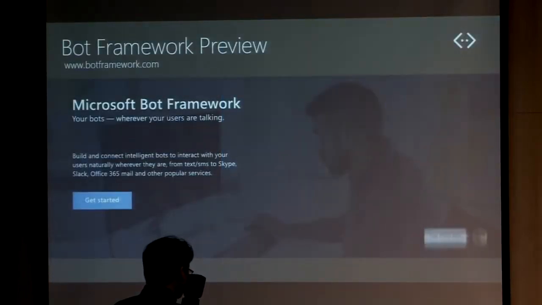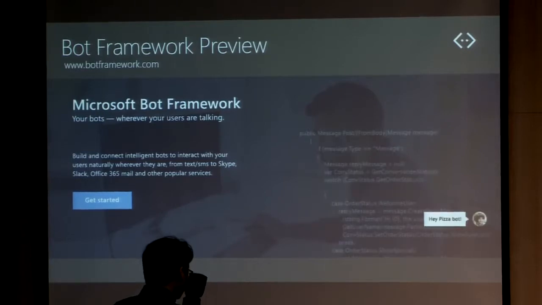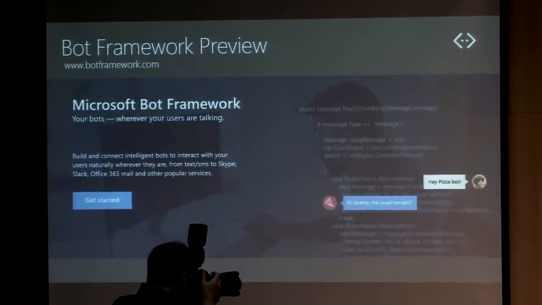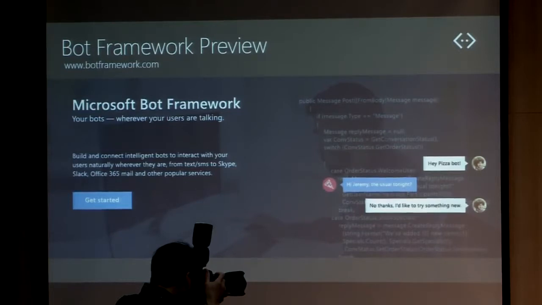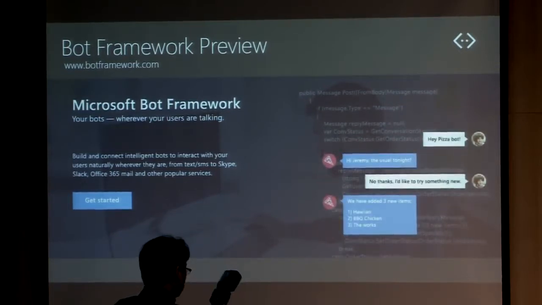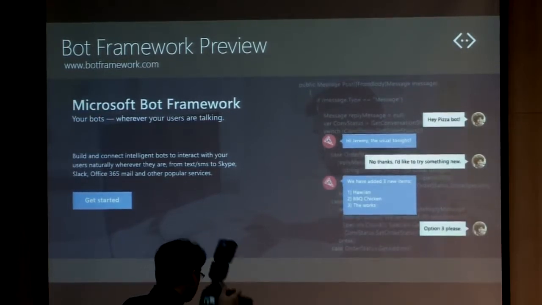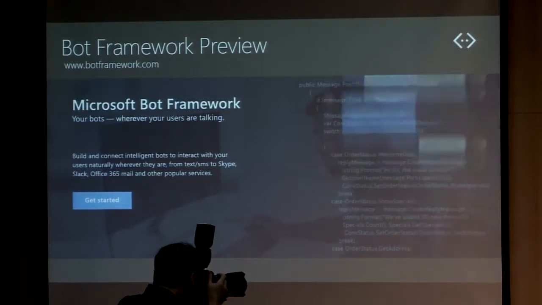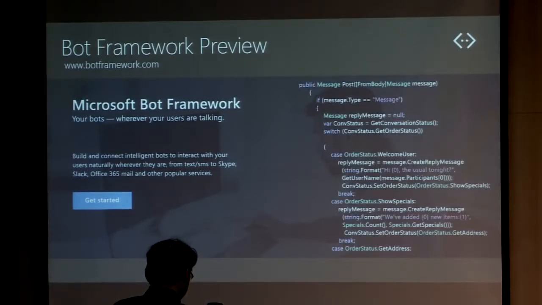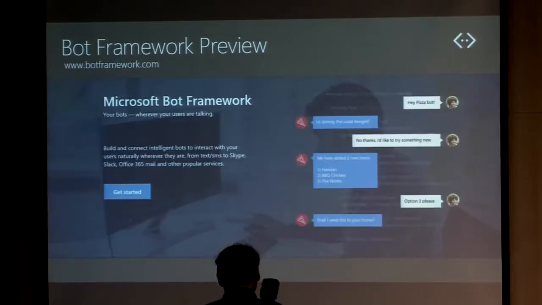We also announced our Bot Framework preview, and as Tristan also mentioned, today users interface naturally through language. So imagine you're Domino's Pizza, and we have a Domino's Pizza bot. Here we have a user named Jeremy, and he's on Skype, and he says basically, hey, pizza bot, I'm hungry. The pizza bot responds. This is an automated bot.